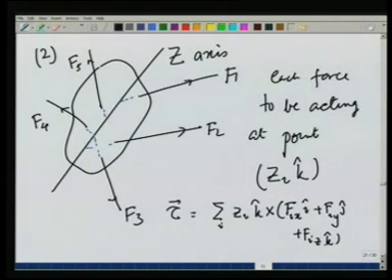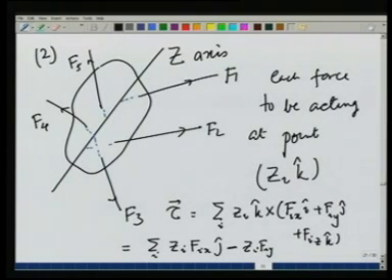And if I evaluate this, since k cross k is 0, you will see this comes out to be summation of z_i f_ix, k cross i is j, minus z_i f_iy, k cross j is i with a minus sign. So, the minus sign we have taken care of.